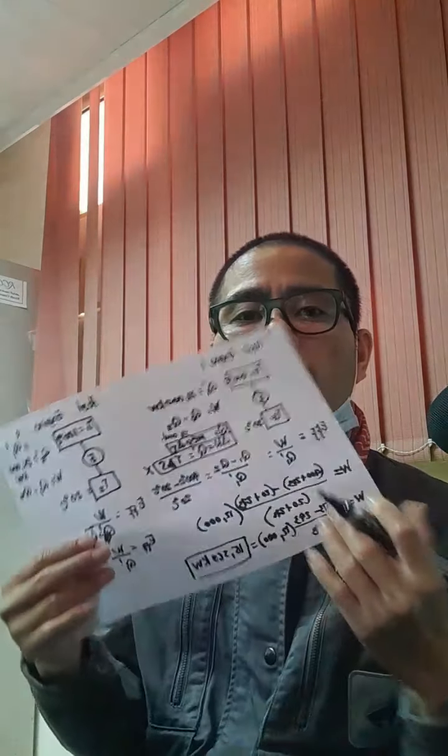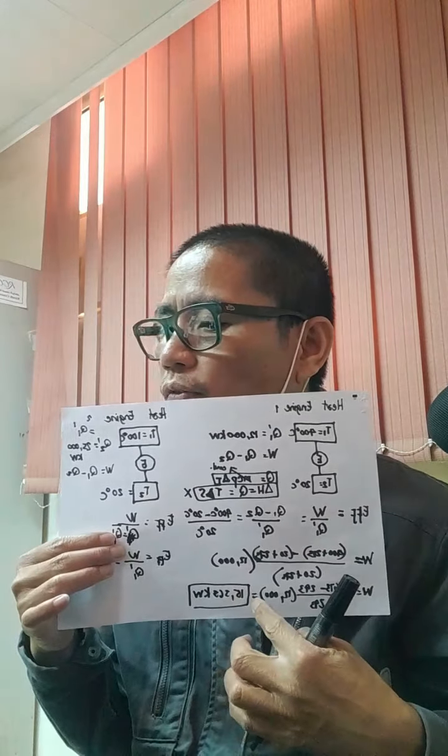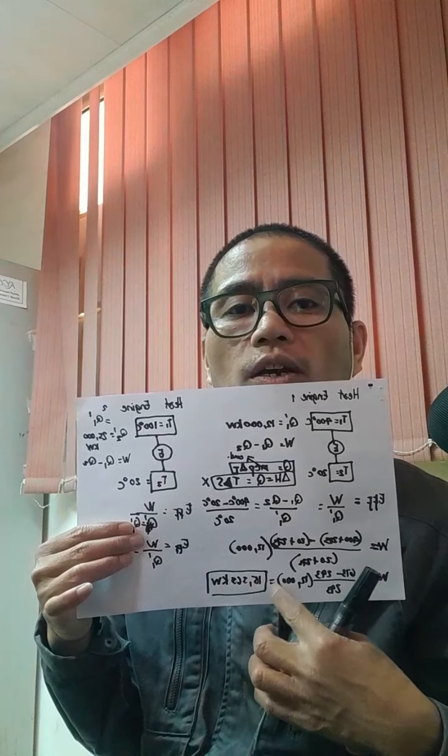For the first heat engine, we have 15,563 kilowatts. And for the second heat engine, we have 100 plus 273 minus 20 plus 273, over 20 plus 273.